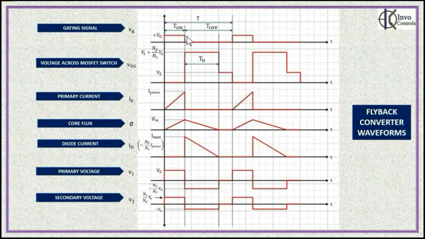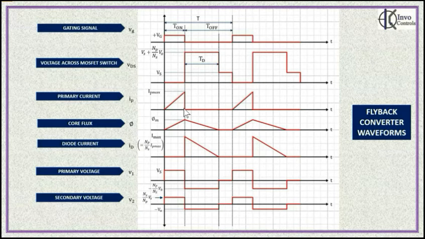Remember, we are at the instant T on right now. The gating signal is falling from the level Vg down to 0. At this instant T on, you will find that the primary current has a value Ip max and the current drops down abruptly to 0.